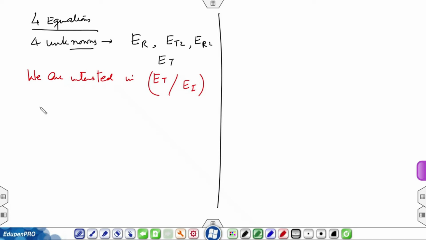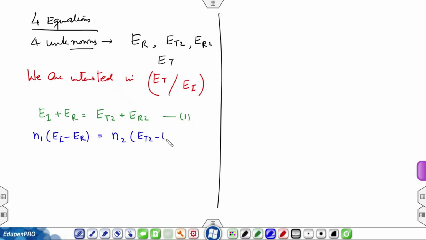So, let me write these 4 equations once more. I have EI plus ER equals ET2 plus ER2, that is number 1. Then I have N1 times (EI minus ER) equals N2 times (ET2 minus ER2), equation number 2.